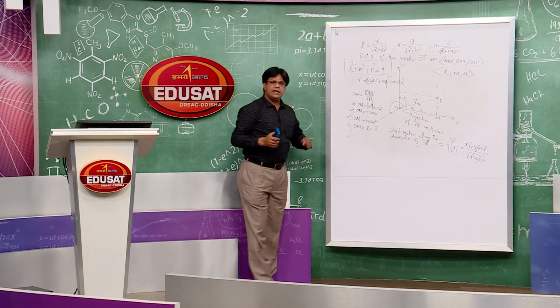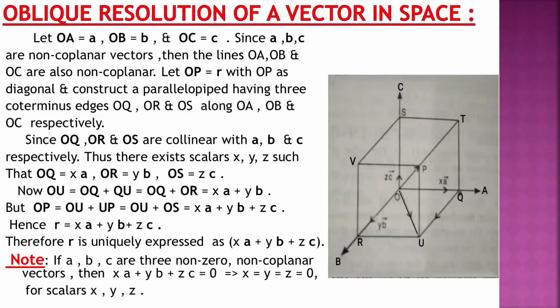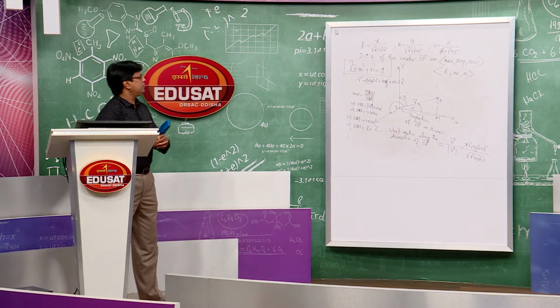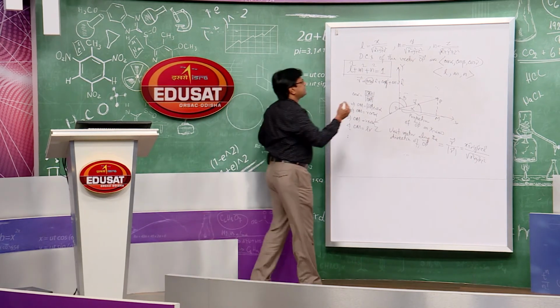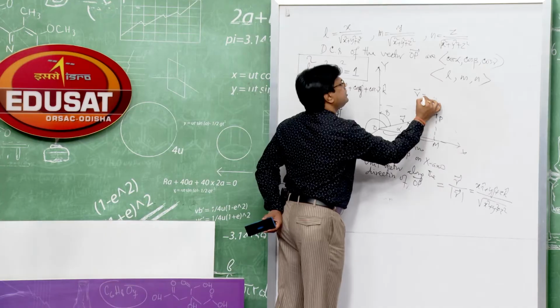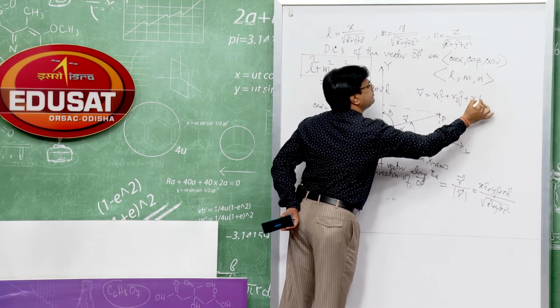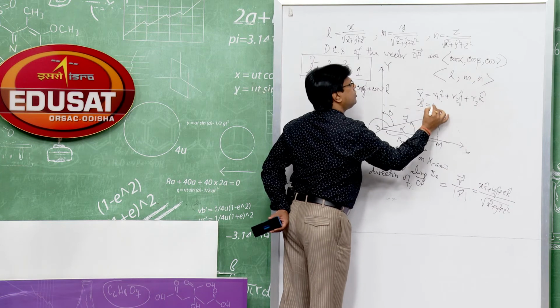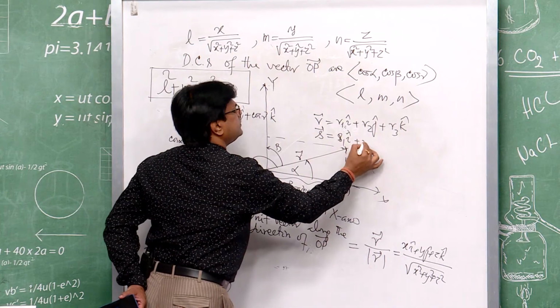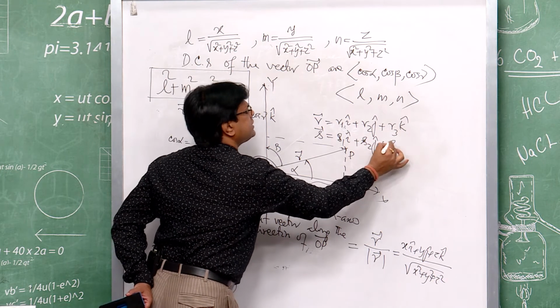Okay. Then the unit vector V can be expressed as cos alpha i cap plus cos beta j cap plus cos gamma k cap. Similarly, suppose we consider the R vector is equal to R1 i cap plus R2 j cap plus R3 k cap, and the S vector is equal to S1 i cap plus S2 j cap plus S3 k cap.